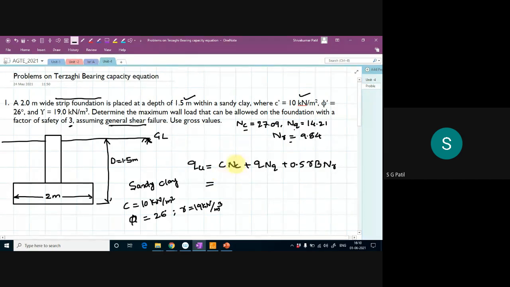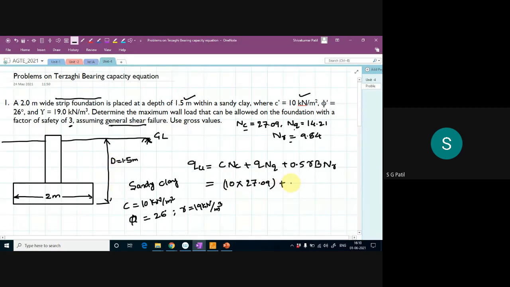So what is q ultimate? What is the c value? c is 10 kilonewton per meter square. So 10 into Nc, which is 27.09. This is my first term. Plus, what is the second term? The second term is q into Nq. What is q? q is nothing but gamma times the depth of foundation.